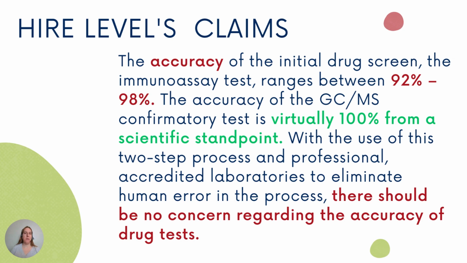According to Higher Level, the accuracy of the initial drug screen ranges between 92% to 98%. The accuracy of the GCMS confirmatory test is virtually 100% from a scientific standpoint.